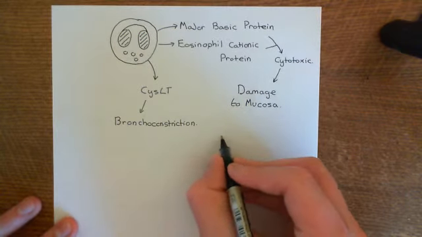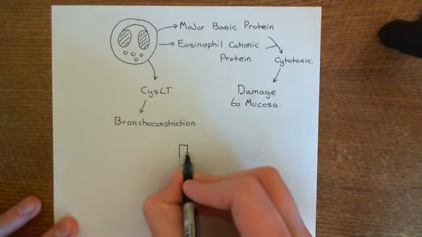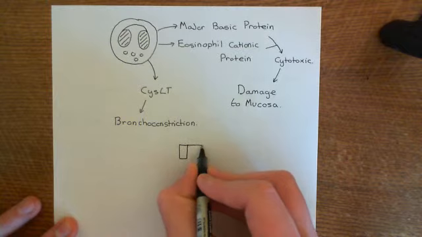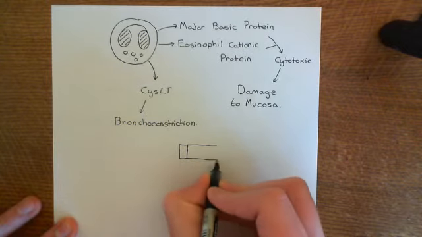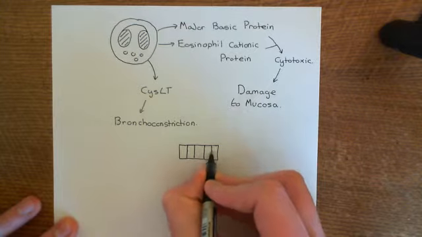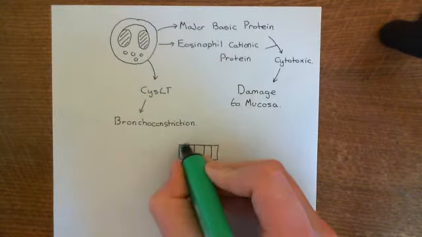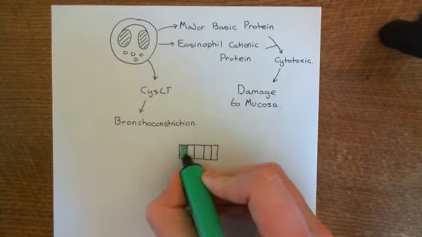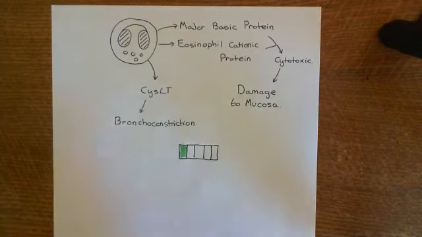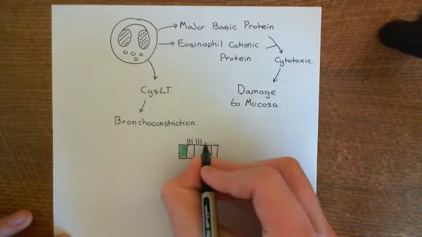So let me draw this. So before, what we had was our mucosa looked like this. We had these lovely columnar epithelial cells here, maybe with a few goblet cells interdispersed amongst them. So let's say this is a goblet cell over here in green, okay? And the columnar epithelial cells were ciliated and everything was working nicely, okay?